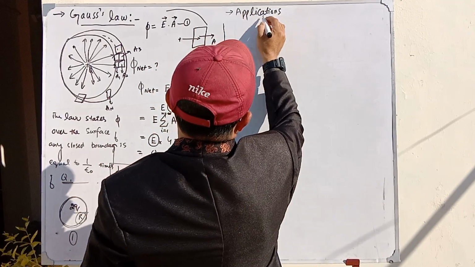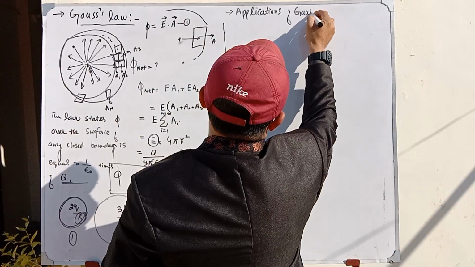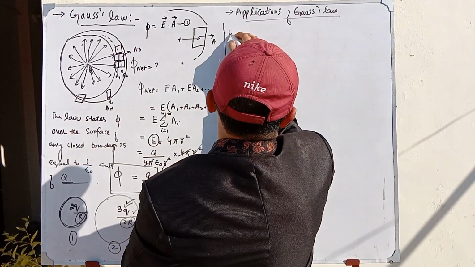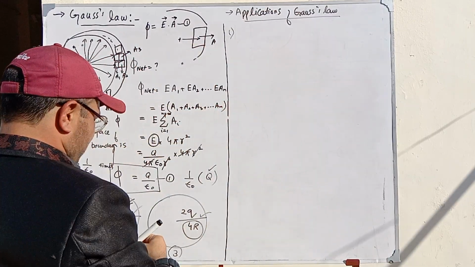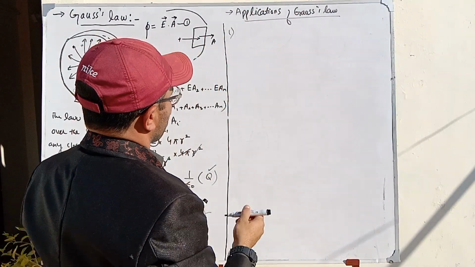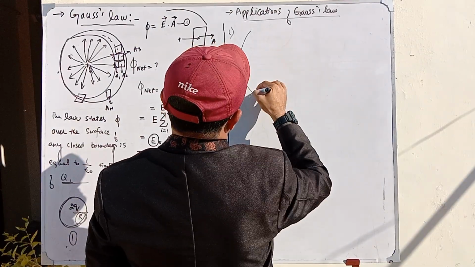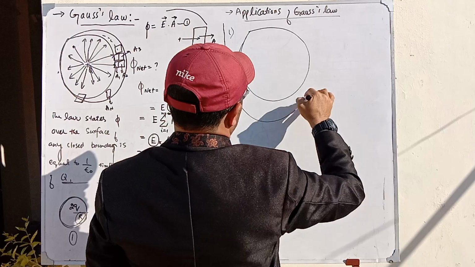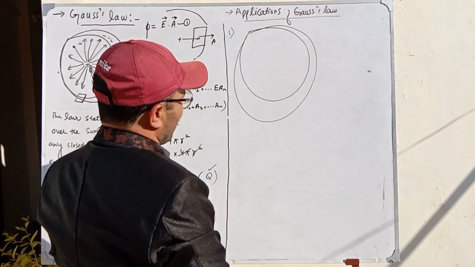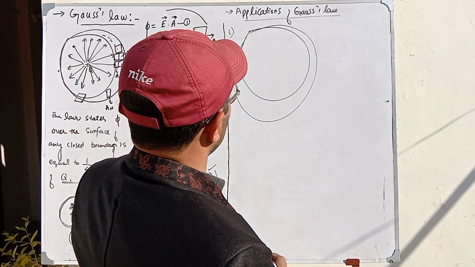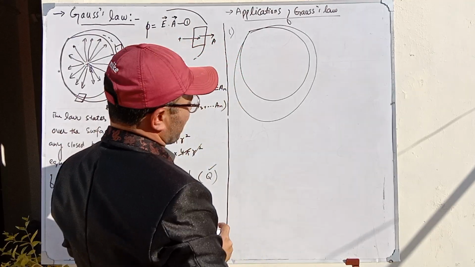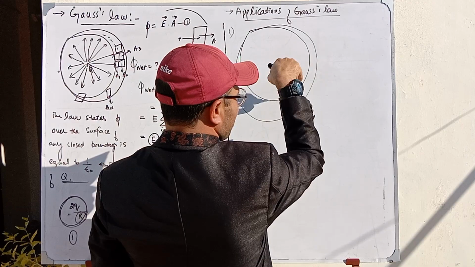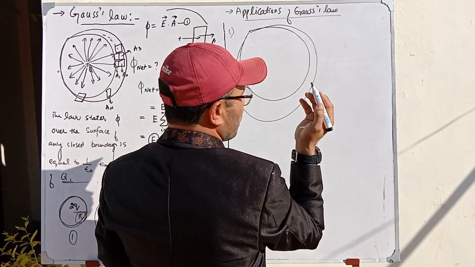So, applications of Gauss's law. The first application is that, let's suppose I have some spherical body like this, and I have to calculate the excess charges inside the spherical body or any closed conductor.